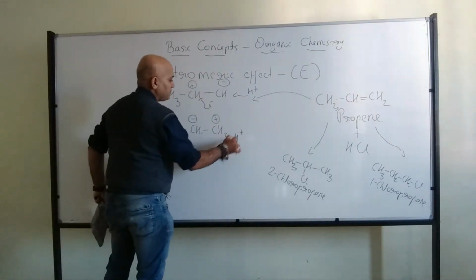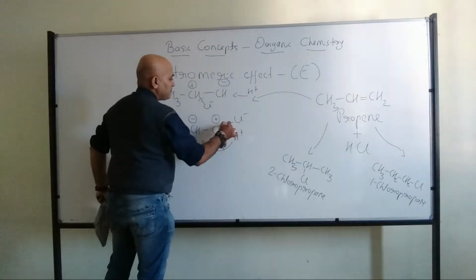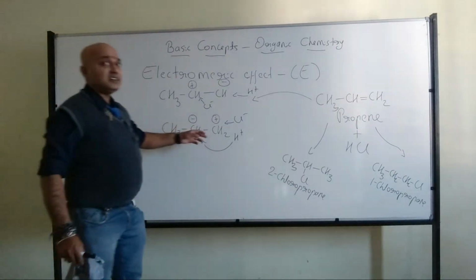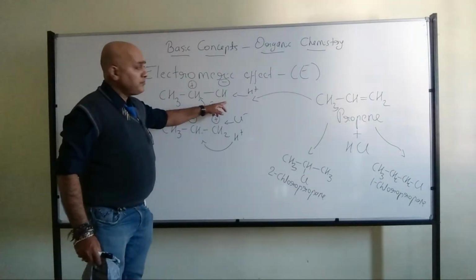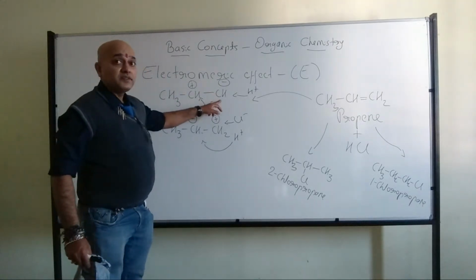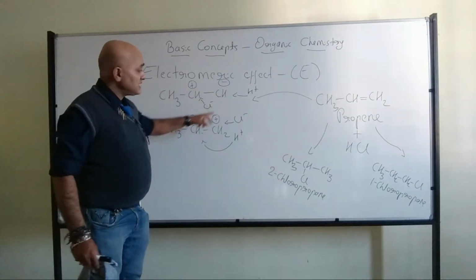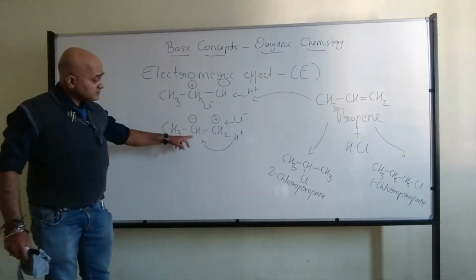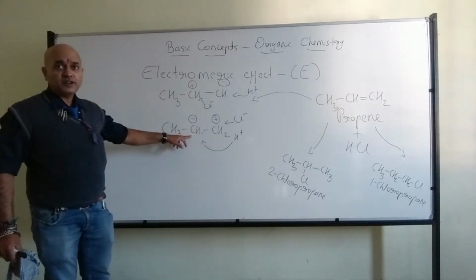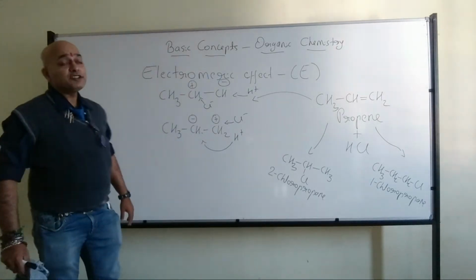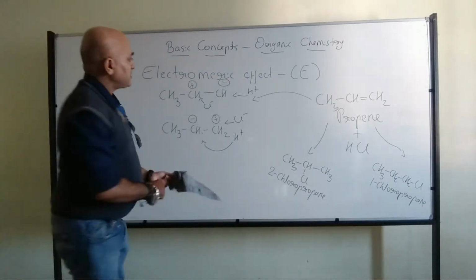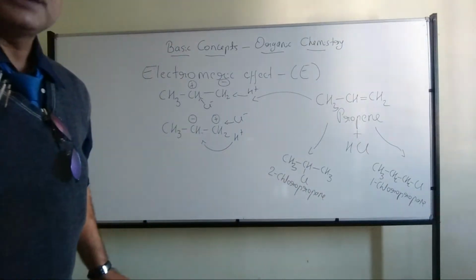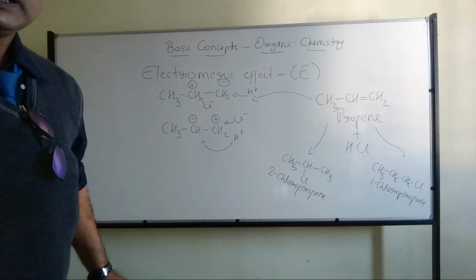Even in this case, we can tell that this primary carbanion is more stable compared to this secondary carbanion. All of you got my point? That's where we should understand the concept. Otherwise, it is difficult. Got my point?